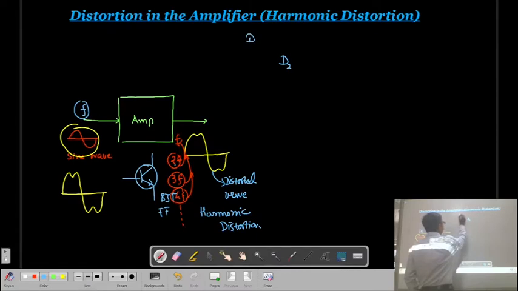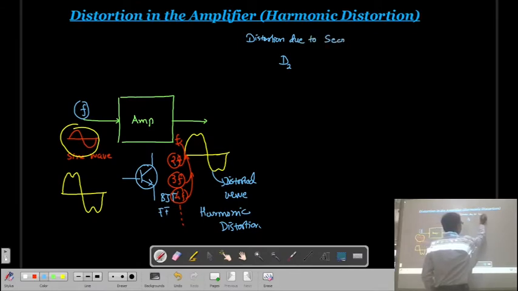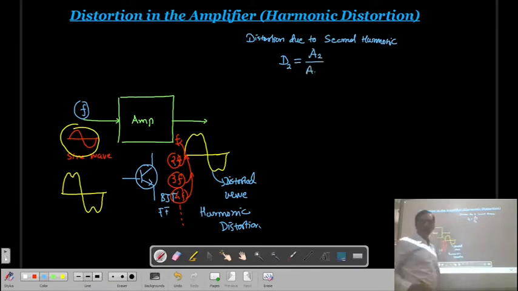Remember, here we are defining the distortion due to the second harmonic, and it is given as the amplitude of the second harmonic divided by the amplitude of the fundamental frequency.